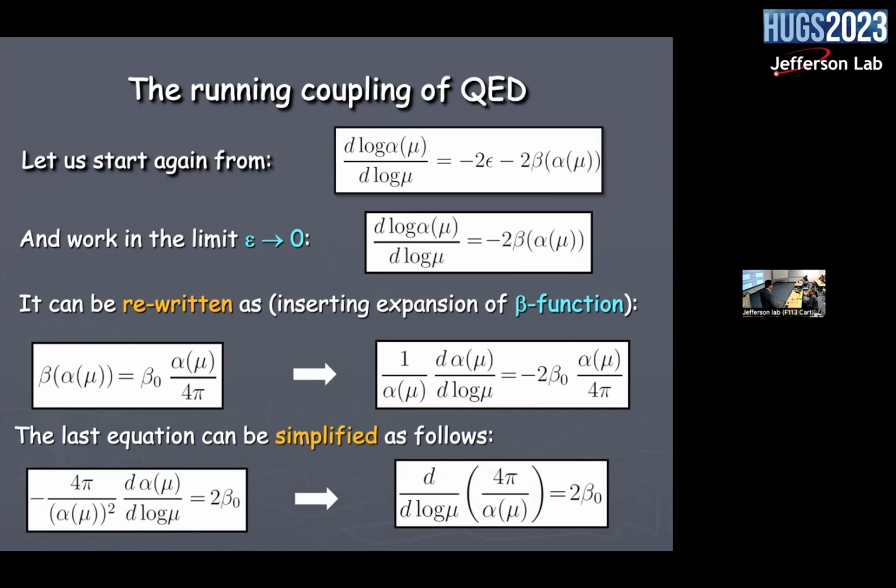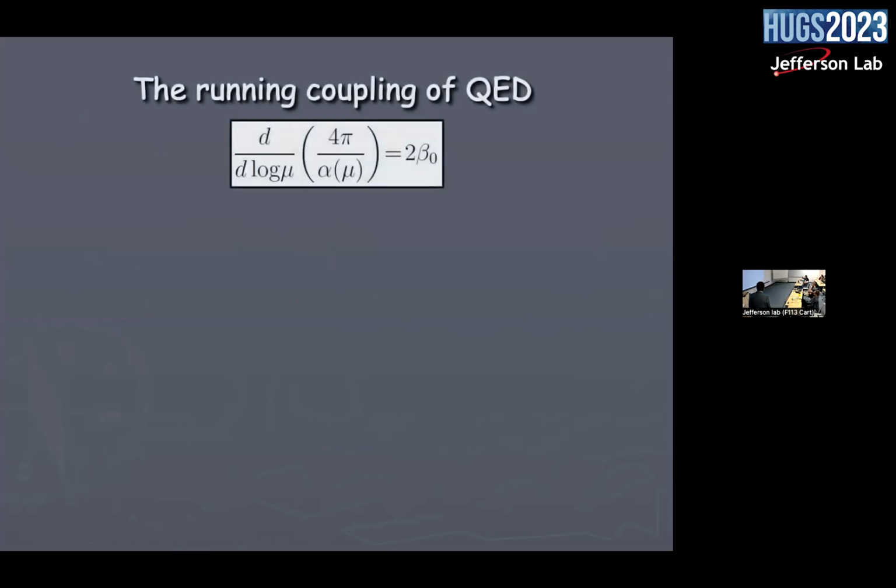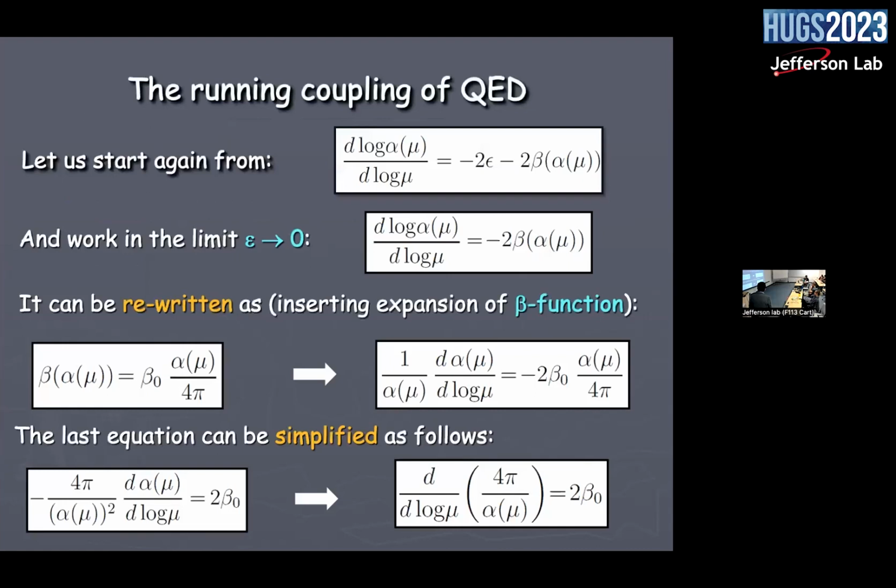So this expression is already telling you how this alpha is going to run with mu, with this scale; there's nothing else involved anymore. And this beta 0 came from the calculation of the one loop photon propagator, because we didn't need the one loop fermion propagator or the one loop fermion-photon vertex. Okay, so this is the expression.